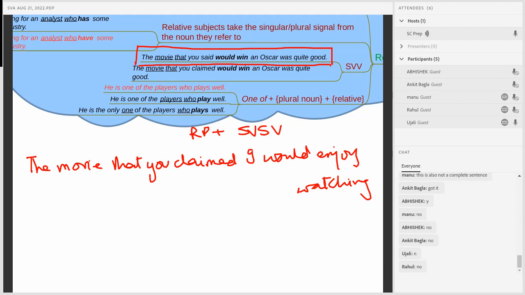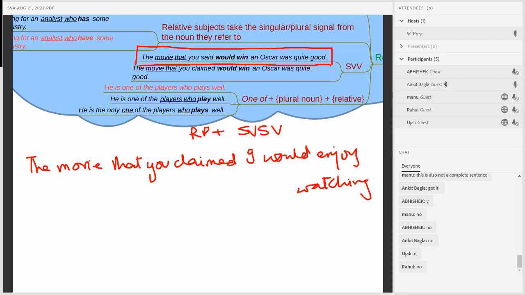Perfect. Now, can anybody unmute and walk me through this, please? You're all correct, by the way. All of you are correct. I just want to hear the process, please. So there is no verb for the movie.